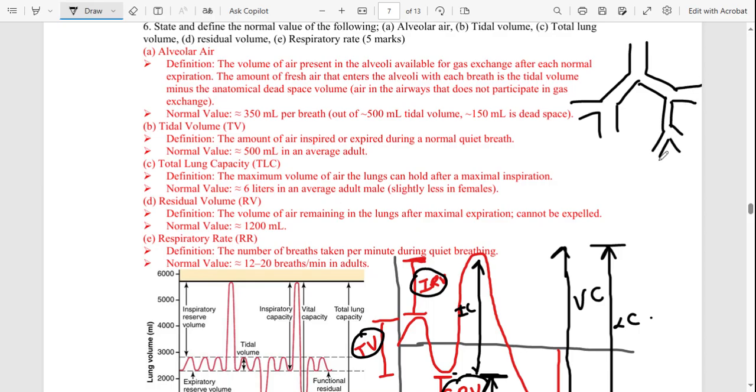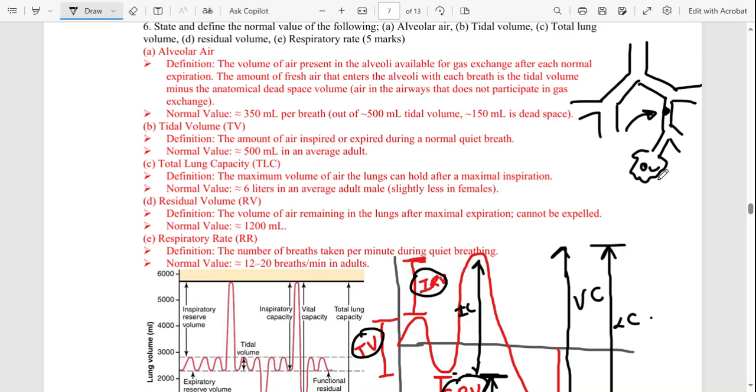Now, gaseous exchange happens at the end where you have got the alveoli, meaning that air that is actually here in this region is not involved in gaseous exchange. So we call that a dead space. That air is not used in gaseous exchange because the air that is used in gaseous exchange is the one that is here. So alveolar air is basically the air that is present in the alveoli for gaseous exchange.